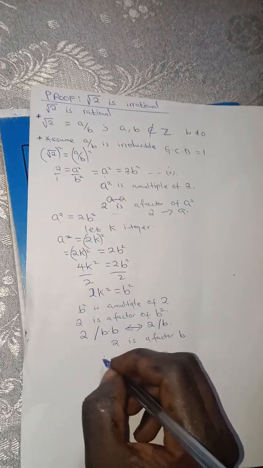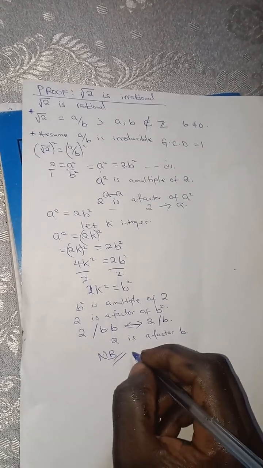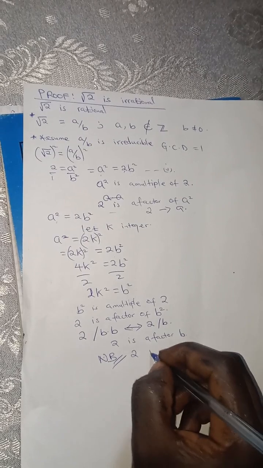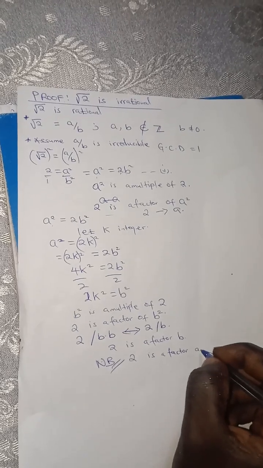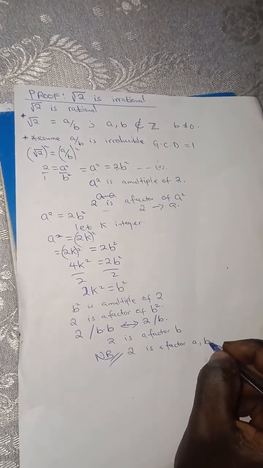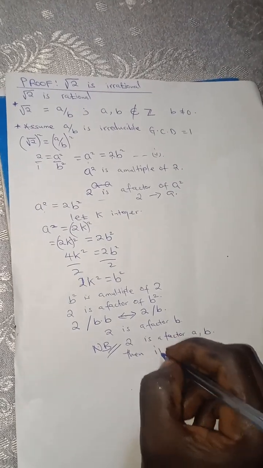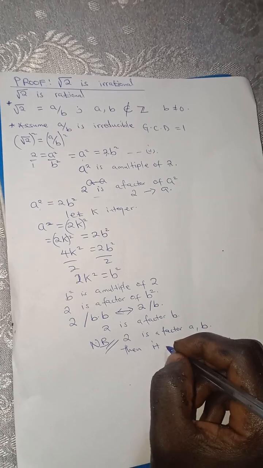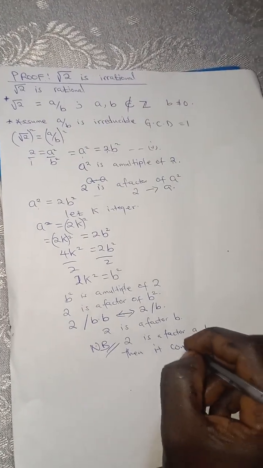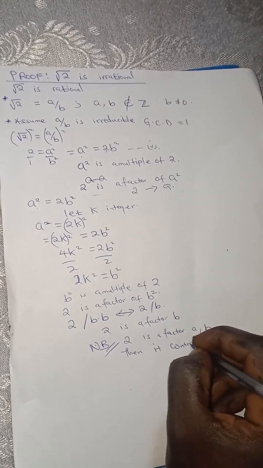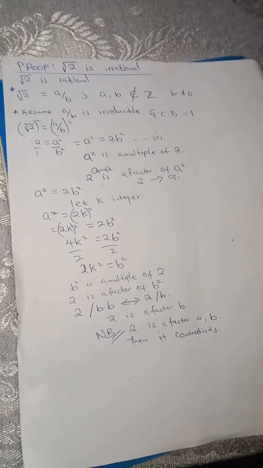Note the point, members: because 2 is a factor of both a and b, it contradicts our assumption that the square root of 2 is rational.